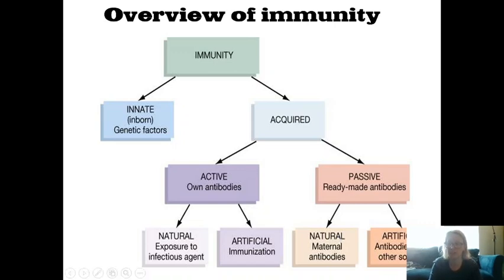Artificial, when you get antibodies from other sources with inoculations. You've got active, when we generate our own antibodies. You can have natural active when you're exposed to an infectious agent, or artificial, which is through the immunisation program, so vaccines.